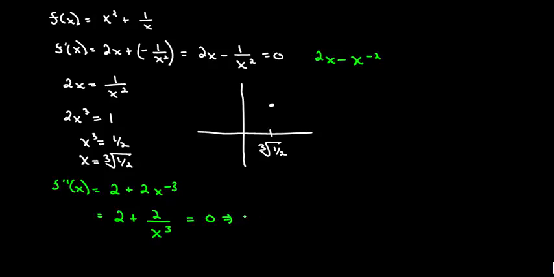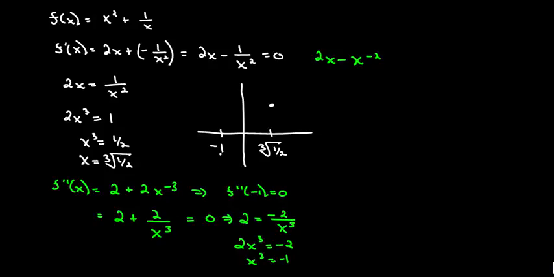This has to be 2 is equal to negative 2 over x to the third. And the only way to solve this is 2x to the third equals negative 2. So x to the third would have to be equal to negative 1. And the only solution for this is negative 1. So f double prime at negative 1 is 0. So over here at negative 1, we have a possibility for an inflection point.